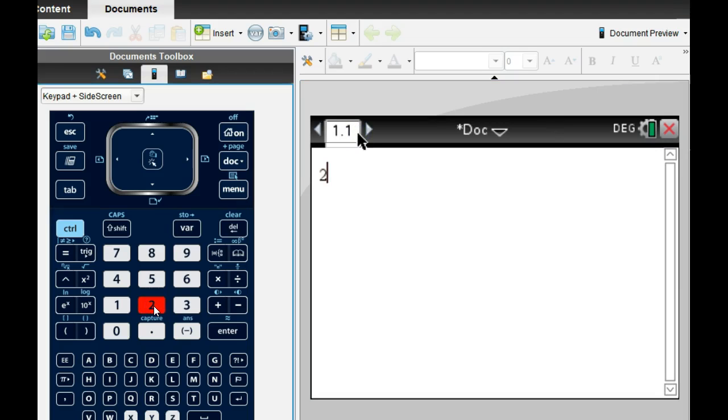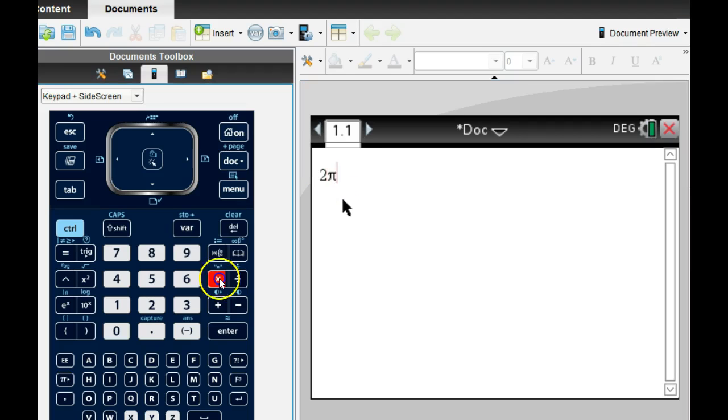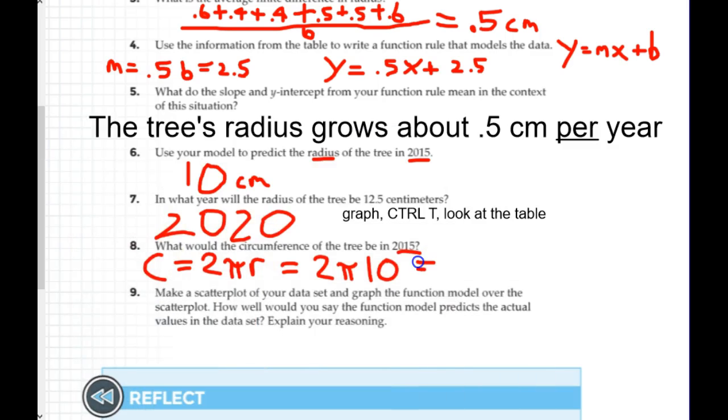Now pi is in the bottom left down here. Make sure I press pi times 10. And I get 62.83. And we're talking about centimeters still. Okay.